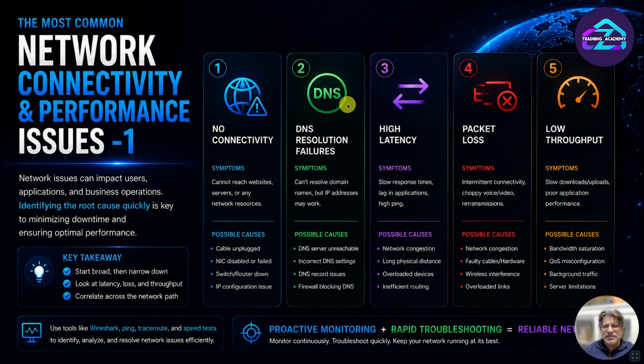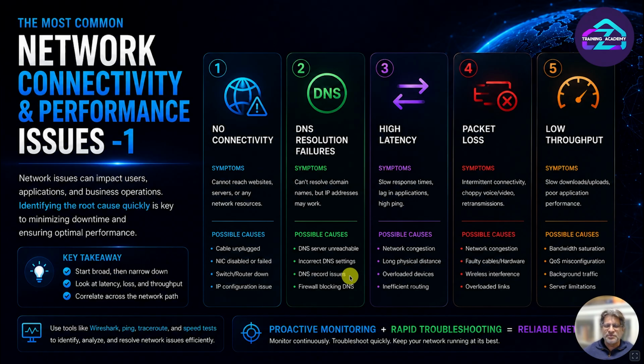Now, the second one is DNS resolution failures. This is a little bit more common. You can't resolve domain names, but IP addresses may work. This may be because your DNS server is either unreachable or not configured properly. Incorrect DNS settings, for example, if the wrong server is configured, DNS record issues, or maybe there's some DNS that is already cached in your computer that is no longer valid.